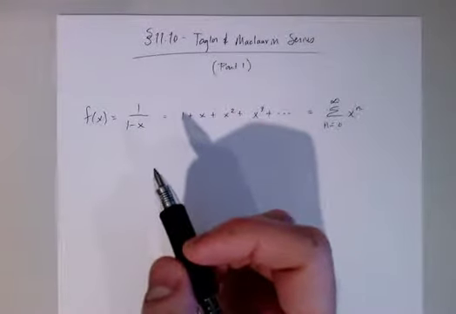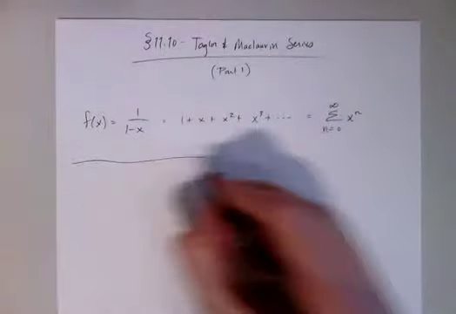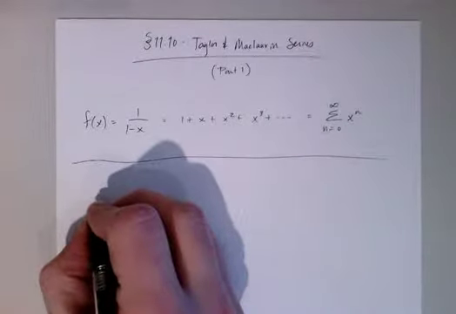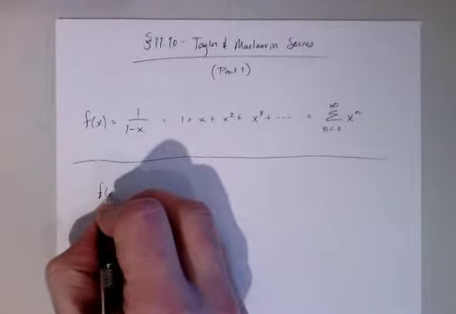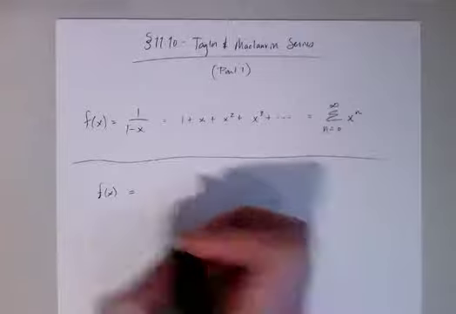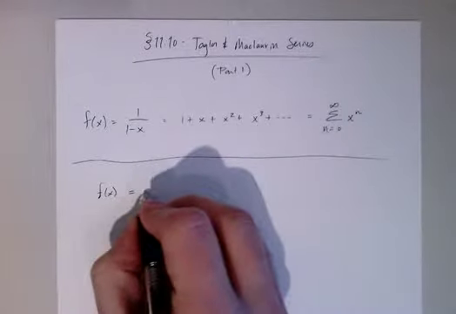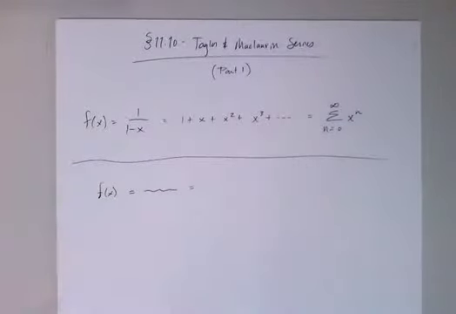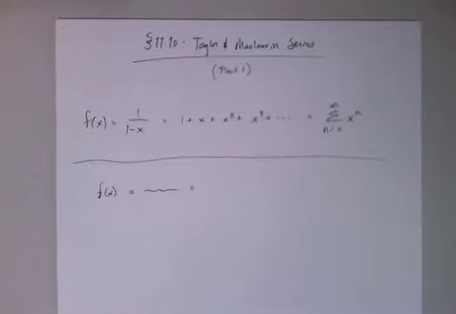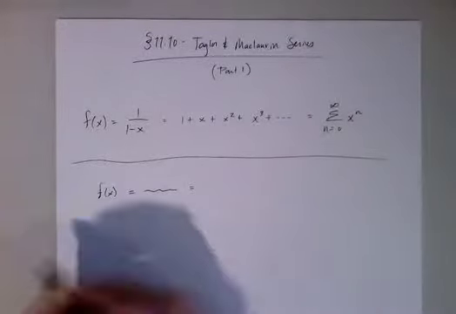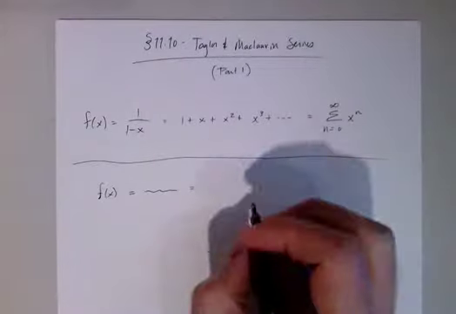Okay? So let's say that we have some function, and we'll call it f of x. Well, f of x is some representation, some expression in terms of x.